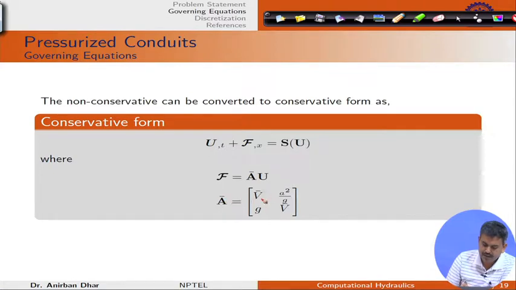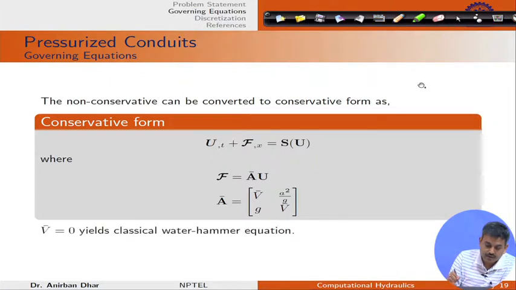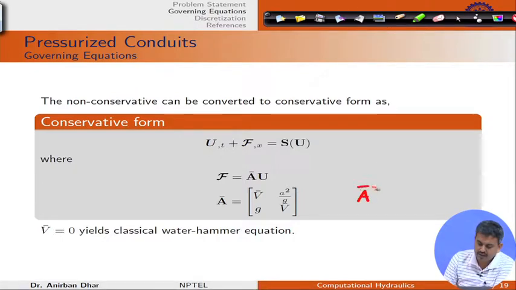So, A bar is V bar here. Now, if V bar equals 0, this is our classical water hammer equation. That means, in this case A bar will be 0, A square by G, G, 0.